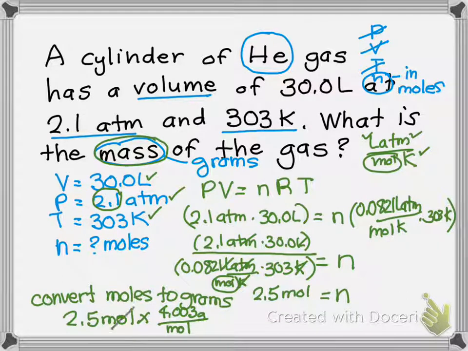In this case, I put the 1 mole on the bottom so that the units cancel. So if I take 2.5 times 4.003, I get 10.0075 grams, so I get 10 grams to two significant figures. So if I have a cylinder with helium at these conditions, inside of it would be 10 grams of helium.